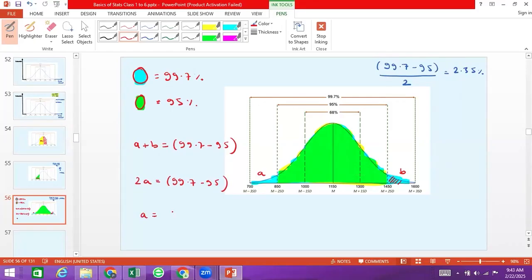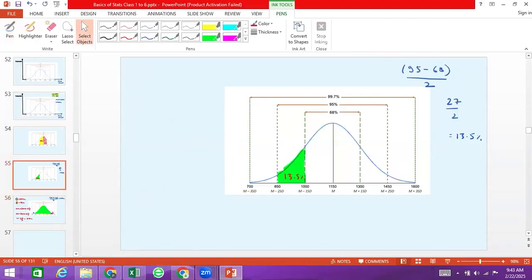So A is 99.7 minus 95, that is 4.7, divided by 2, which is 2.35%. Correct? Yeah, got it.